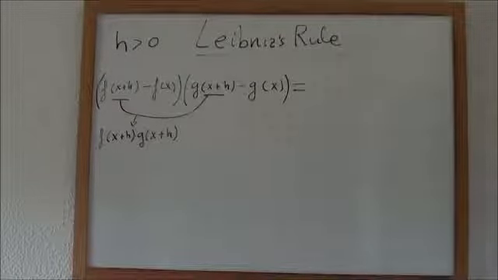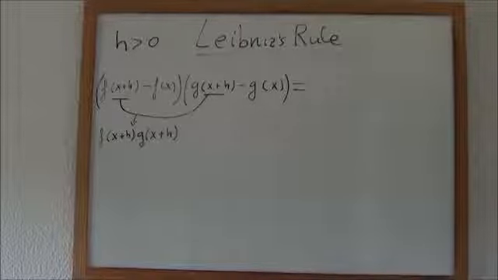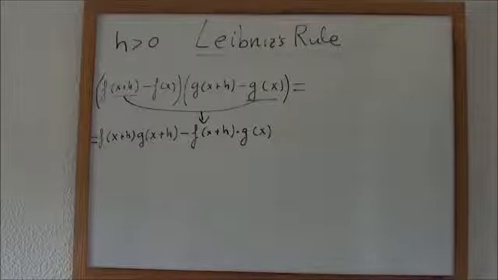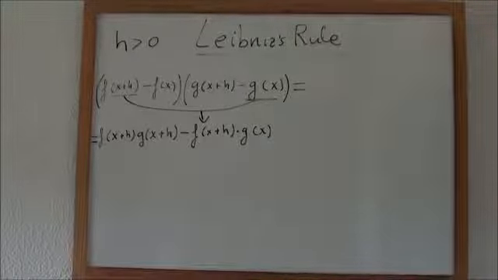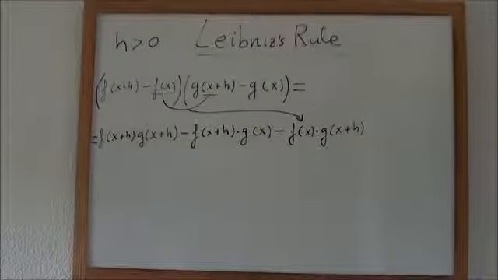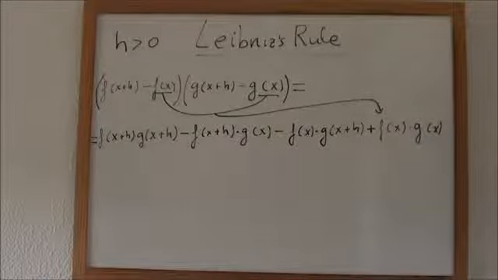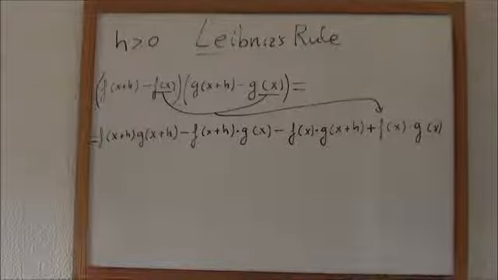F of x plus h times g of x plus h, f of x plus h times negative g of x, negative f of x times g of x plus h, and negative f of x times negative g of x.